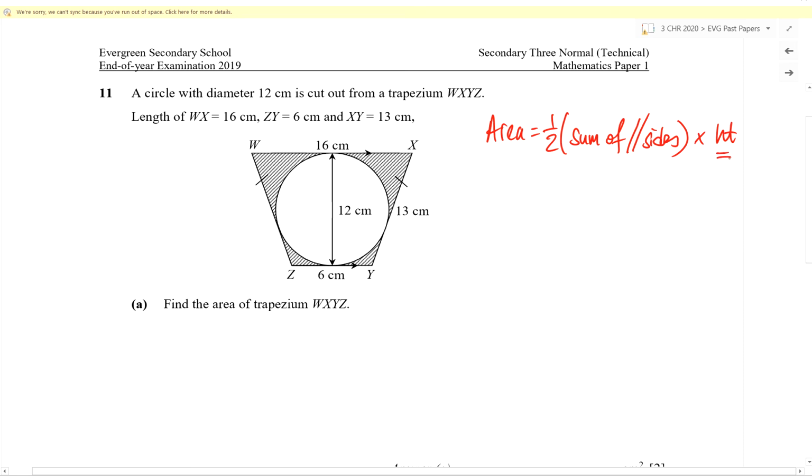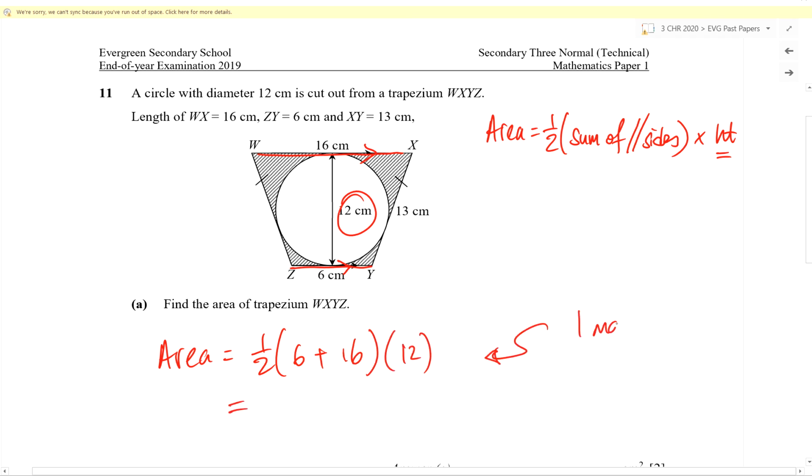But this is the perpendicular height. So this being the trapezium, I've got my parallel sides over here, and 12 is my perpendicular height. Half, 6, 12, no, 16. So this is 1 mark.